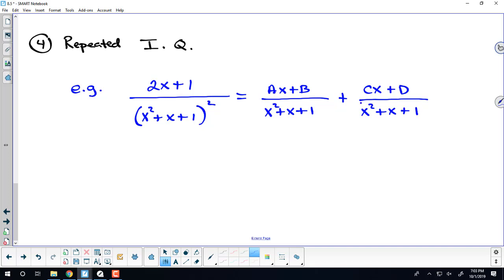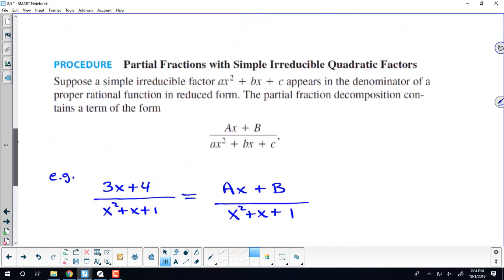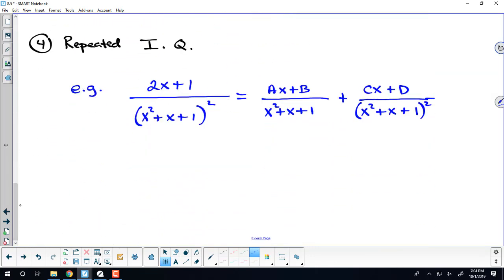Similar to the way repeated linear factors work, but we don't really see any of those. So unfortunately, this is just something that you need to know, because there's no telling what the denominator is going to look like.